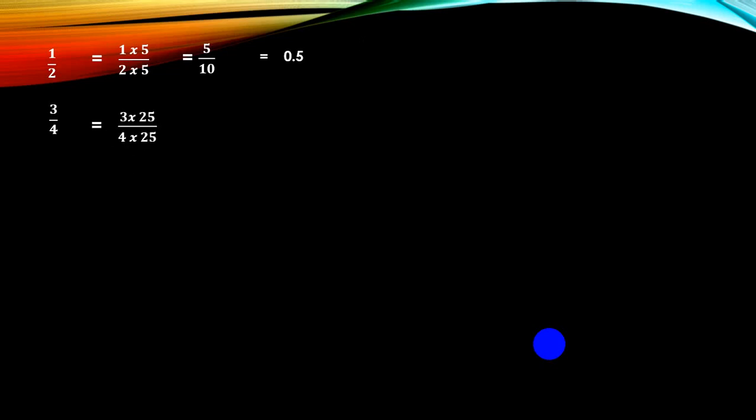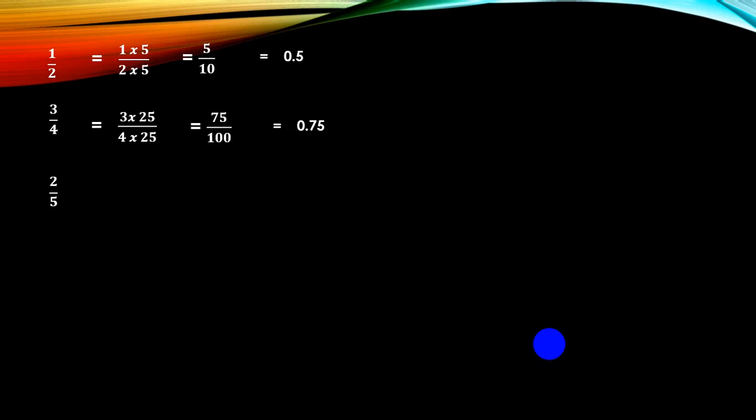So I will multiply 3 by 25 and 4 by 25, the same number. 3 times 25 is equal to 75, and 4 times 25 is directly equal to 100. Why? Because this from the famous numbers gives me 100. Now I can write it as a decimal, of course, because the denominator is 100. 0.75.